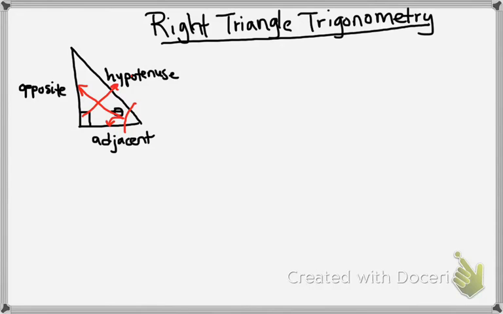Now with our right triangle trigonometry, we have 6 different trig functions that you need to know. The first one being the sine. You may be familiar with the first 3 from previous classes, but the last 3 might be new to you. The sine is always going to be the opposite leg over the hypotenuse.